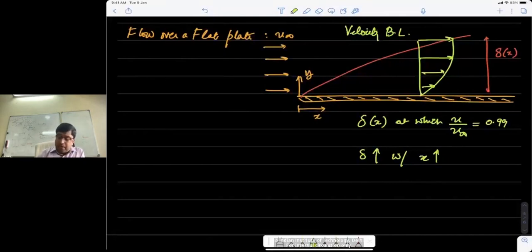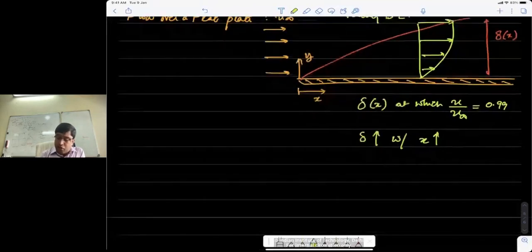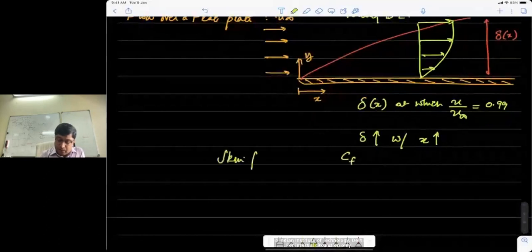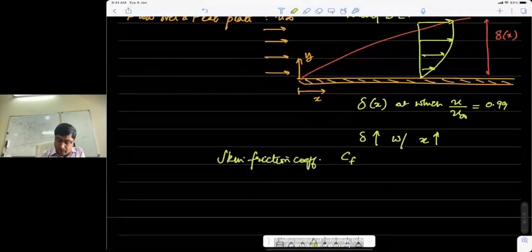And one of the main purposes of calculating or deriving the velocity boundary layer is to calculate the skin friction coefficient, CF, which is given as the ratio of the local shear stress versus the dynamic pressure.